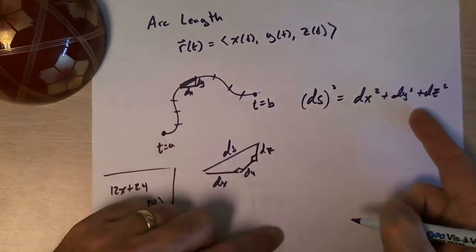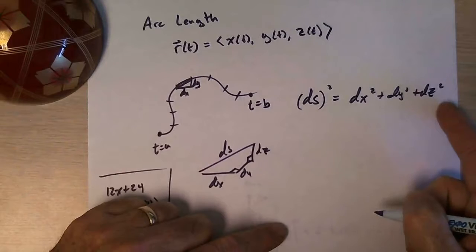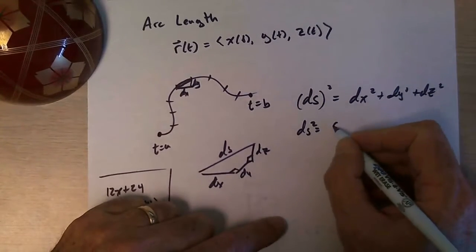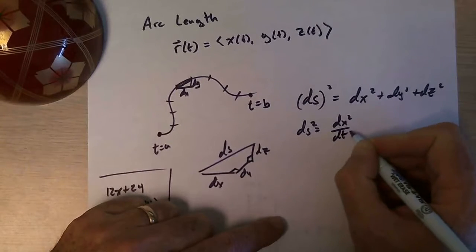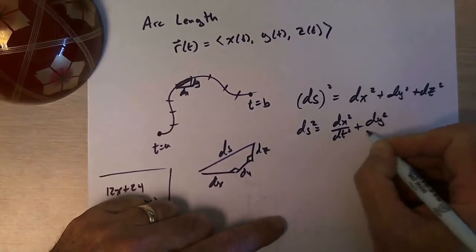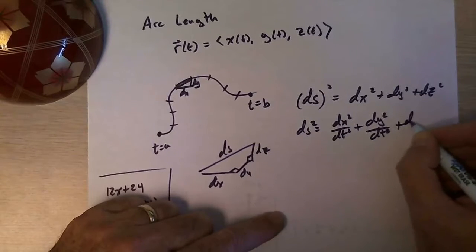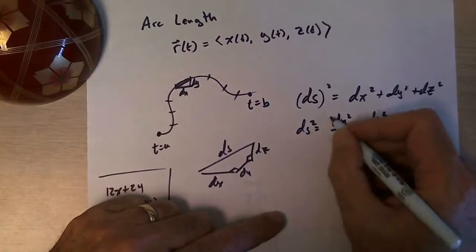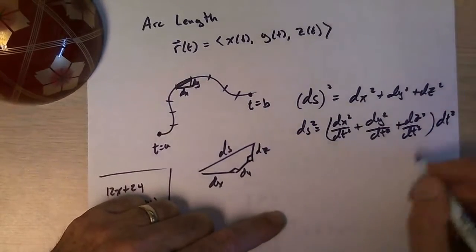So I'm going to look at this thing right here, and I'm going to factor a dt squared out of that. So I have ds squared equals dx squared over dt squared plus dy squared over dt squared plus dz squared over dt squared, all times dt squared.